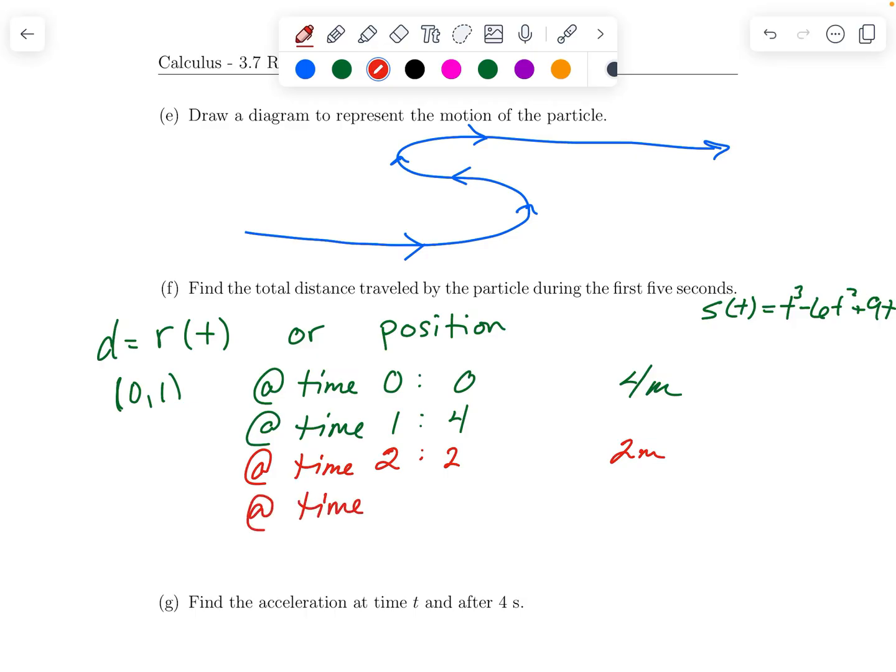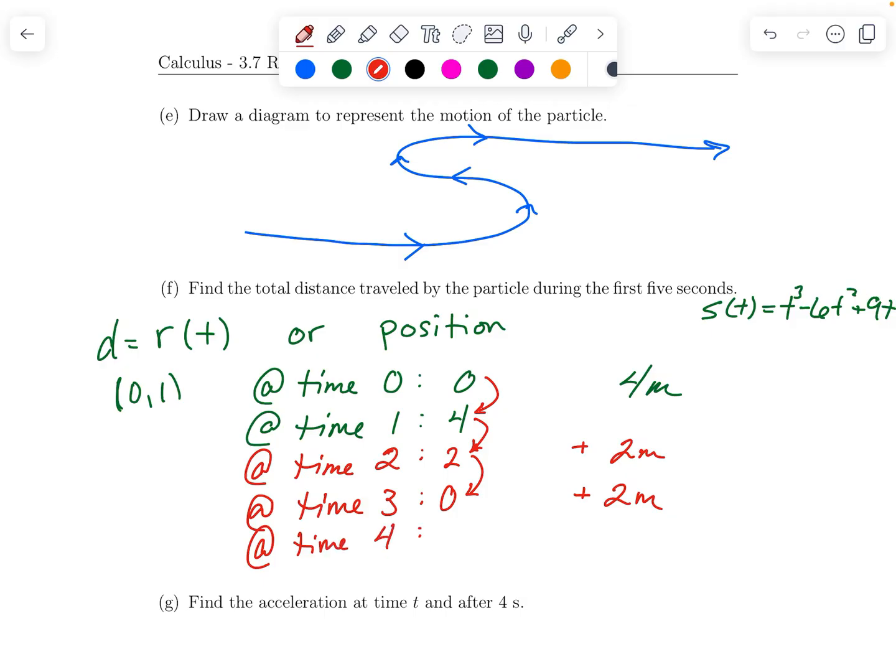At time 3, that's 27 minus 54 plus 27. I'm back at 0, so I went another 2 meters to the left. So I went 4 meters to the right, 2 meters to the left, 2 meters to the left.